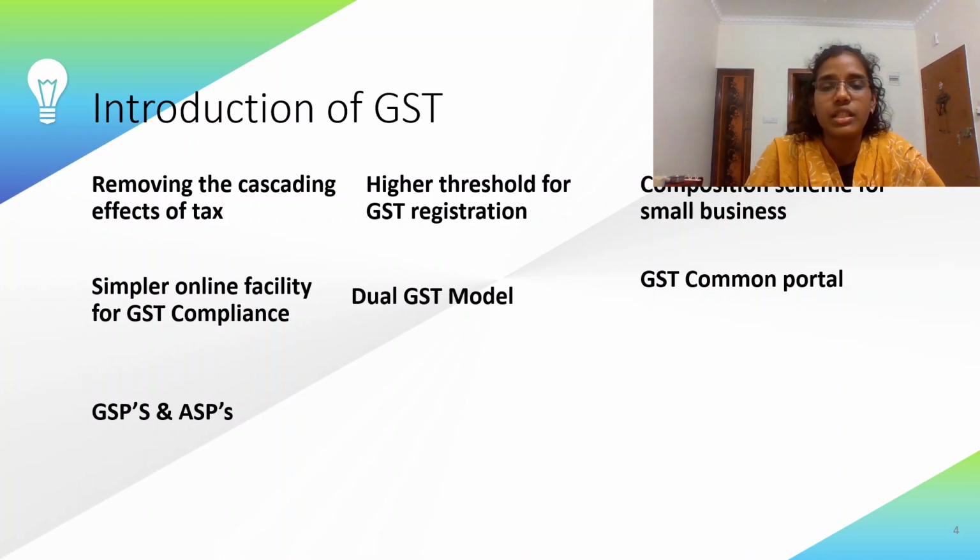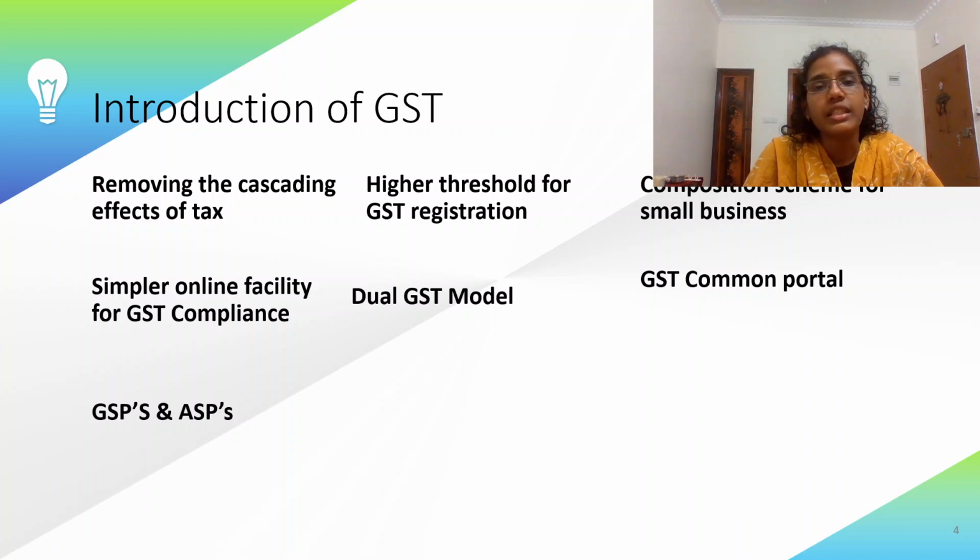So it is the CGST, that is Central Goods and Service Tax, along with the state government's SGST, State Goods and Service Tax, or the Union Territory GST, that is UTGST, which will be charged in the case of intrastate transactions, where it is equally divided between the state and the central government.